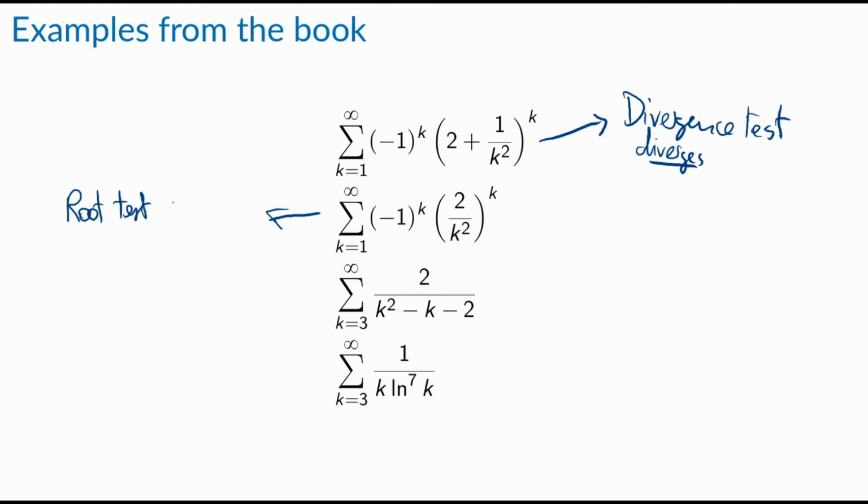We're going to throw away the minus sign. We're going to take the kth root of this, so we're going to get 2 over k squared. And we're going to take the limit of that as k goes to infinity. So our root test here gives us 0, so this converges absolutely.